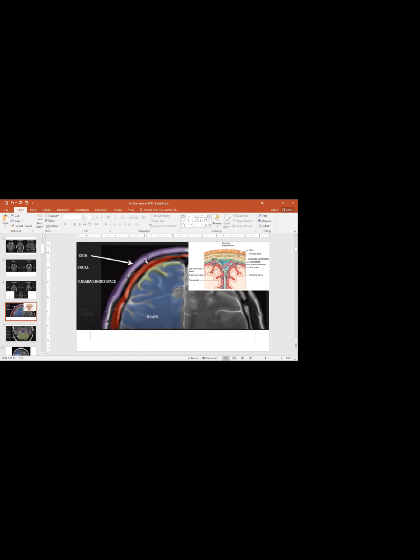To start with, this is the skin and subcutaneous tissue, this is the skull, and beneath the skull this is the dura mater first, then the arachnoid mater, and this greenish one is the pia mater. Between the pia mater and above there is the subarachnoid space. This bluish part is the brain, this is the right cerebral hemisphere, and this would be the left cerebral hemisphere, and between them there is the falx cerebri.